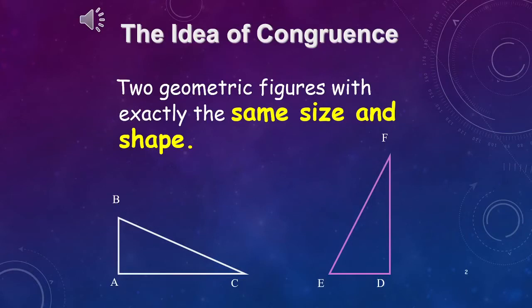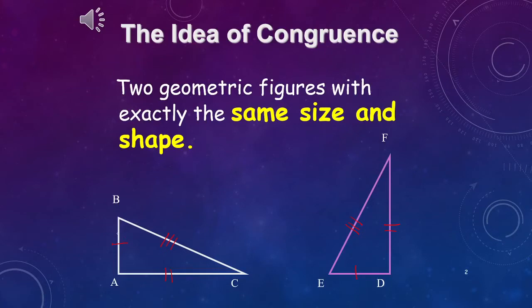So you have noticed that the two triangles have the same shape, and you have also noticed that they have the same size, meaning this one is congruent to this side, this one is congruent to this side, this one is congruent to this side.